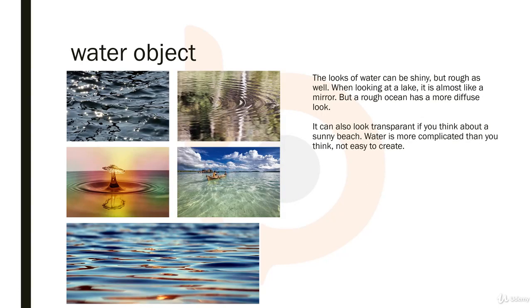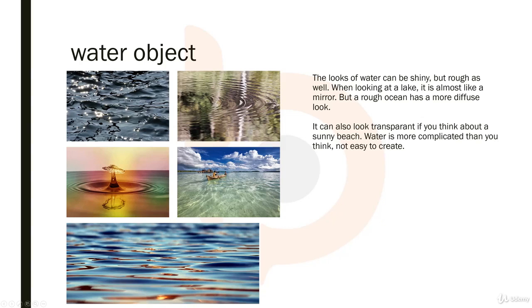And there is water, and water is a very shiny material. It may look very easy to recreate in a 3D environment, because it is very reflective, but it actually isn't. The reason is that if you look at these sample images, on the top left we have a rough water surface, and it looks really reflective.